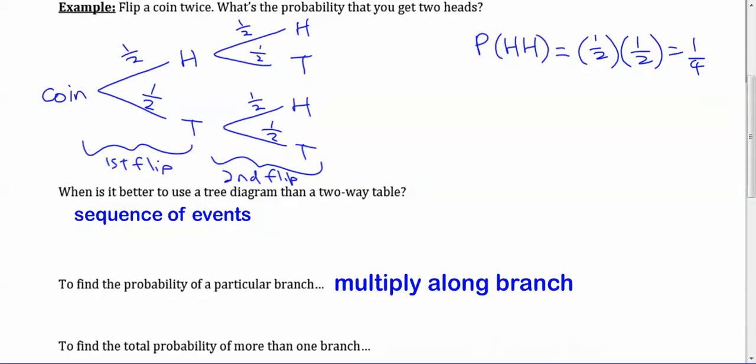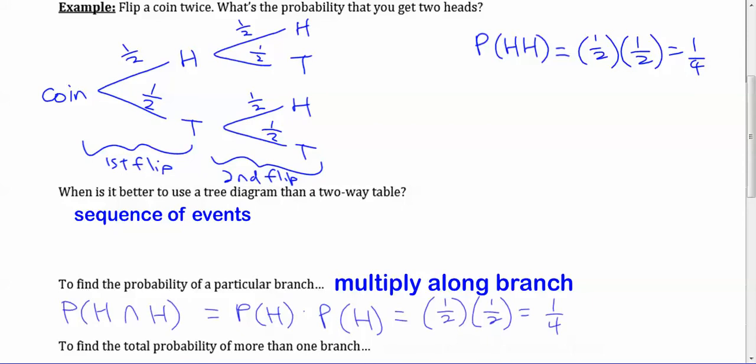So in order to find the total probability of more than one branch, what we're going to do is find the probabilities of each of the branches separately. So for instance, in this case, each of these branches is going to give me a probability of 1/4. And then we're going to add together the probability of the branches that we actually care about.